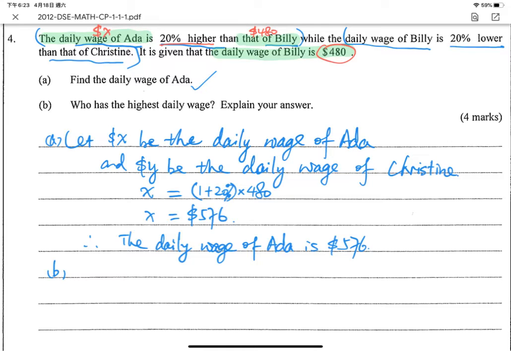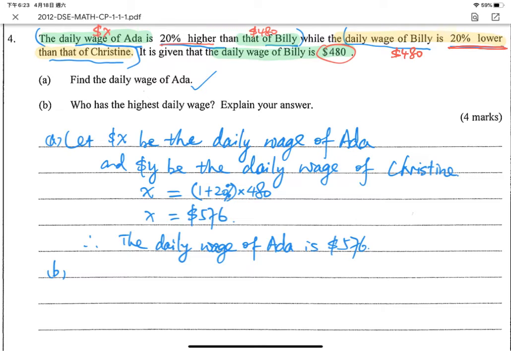So we need to use the second relationship here: the daily wage of Billy is 20% lower than that of Christine. We can replace the daily wage of Billy with $480, and this $480 is 20% lower than that of Christine.